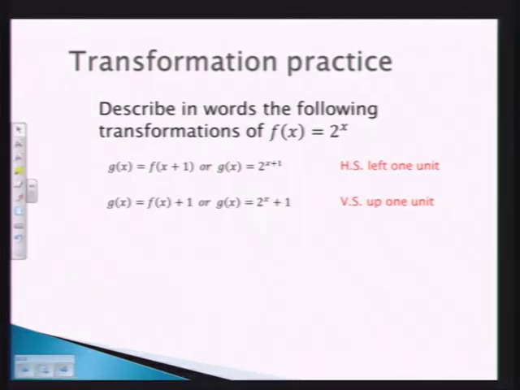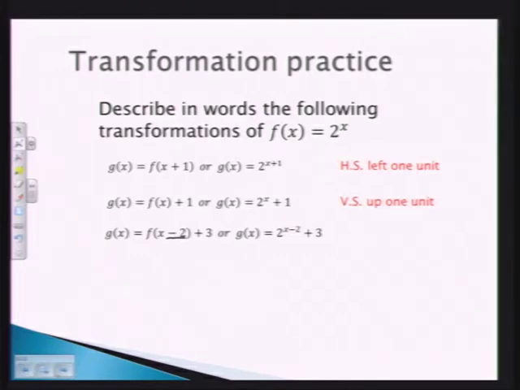Our next one is g of x equals f of (x minus 2) plus 3. Now we've got 2 shifts involved. First of all, inside the parentheses, we're subtracting 2.